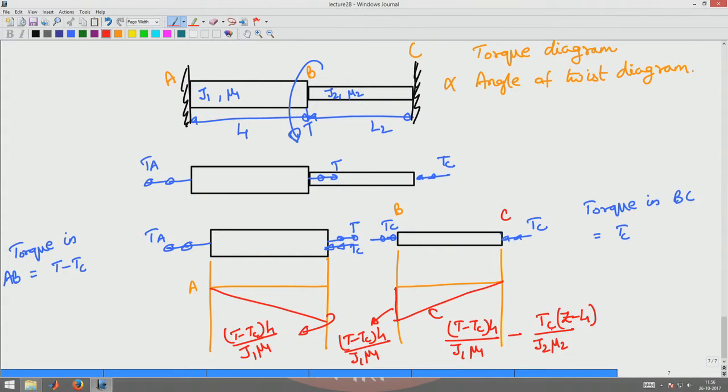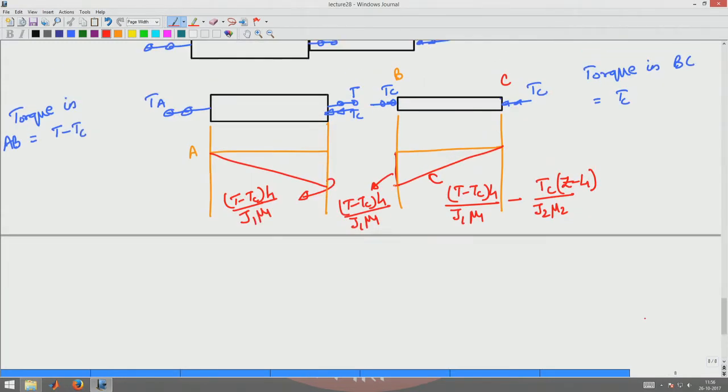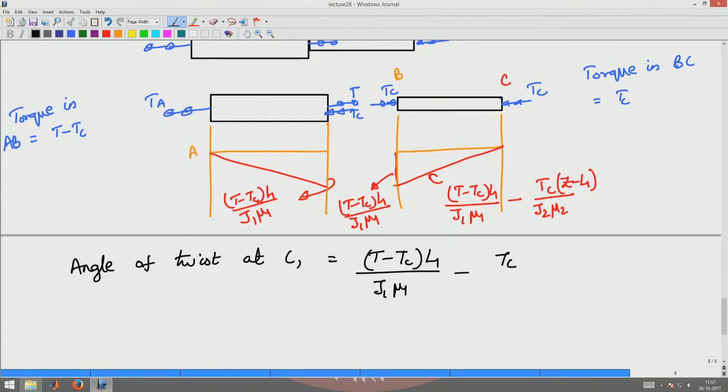Okay. So the angle of twist at C is given by (T minus Tc) L1 by J1 mu 1 minus Tc by J2 mu 2 into (L1 plus L2 minus L1), and this must be equal to 0. Okay.